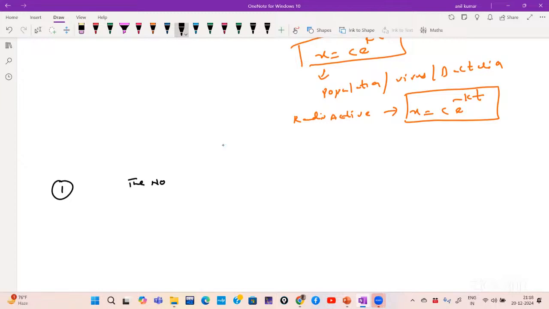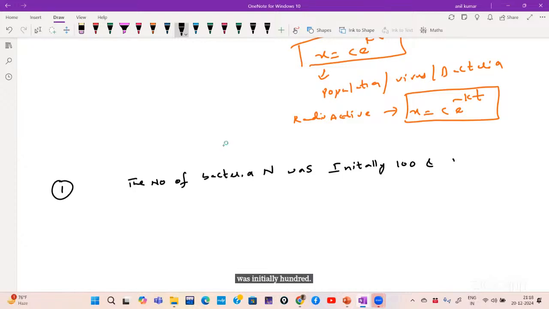Coming to the problems, the number of bacteria N was initially 100 and increased to 332 in 1 hour.